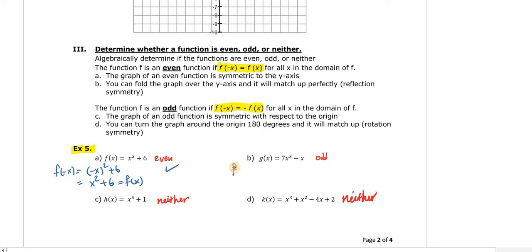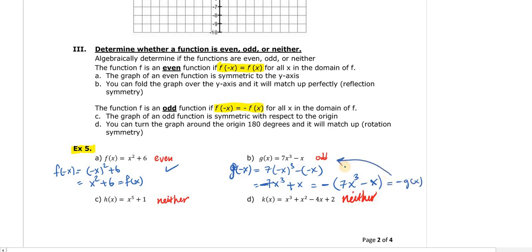For this function, I will plug in -x: g of -x equals 7 times (-x) cubed minus (-x), and this is going to become -7x to the third power, minus times minus is a plus x, which I can pull the negative out. I will end up with -(7x to the third power minus x), which is exactly negative g of x, and that confirms that my function is odd.